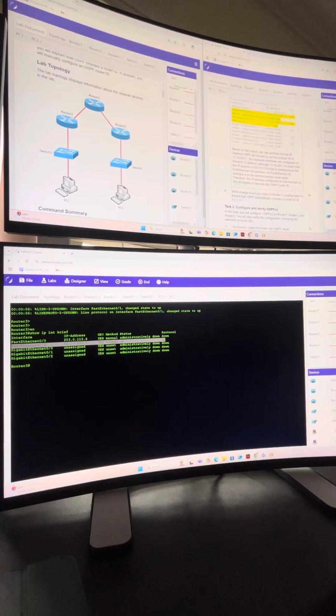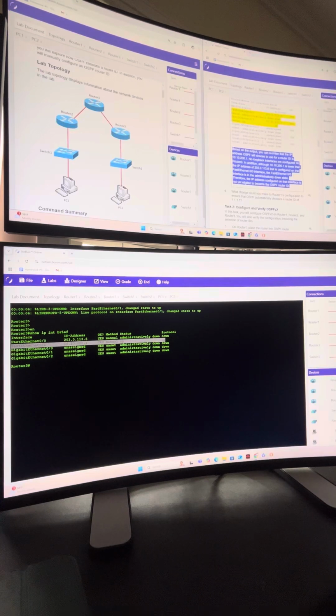It says, based on the output, you can surmise that the IP address OSPF will choose to use for a router ID is 10.10.200.1. No loopback interfaces are configured on router 3. In addition, although 10.10.200.1 is lower than the IP address of 203.0.113.6 that is configured on the FastEthernet 0/0 interface, the FastEthernet 0/0 interface is in the administratively down state.